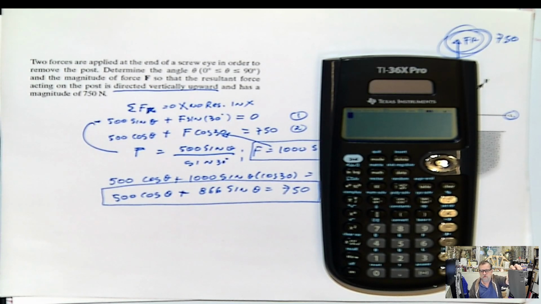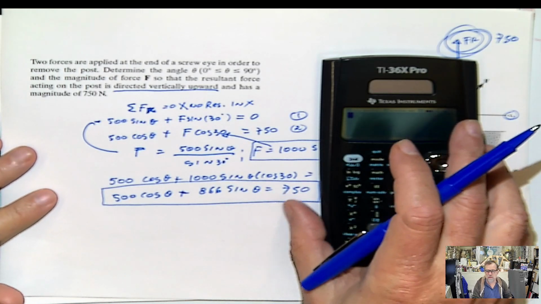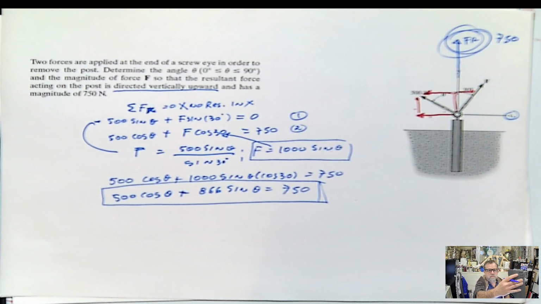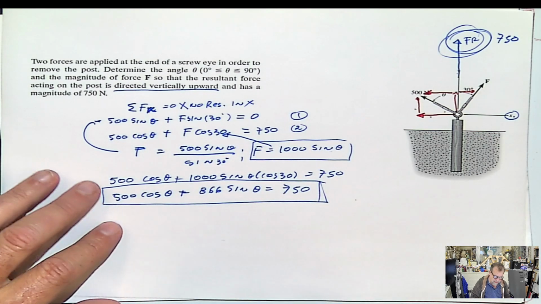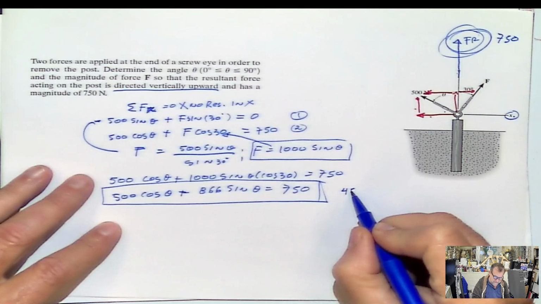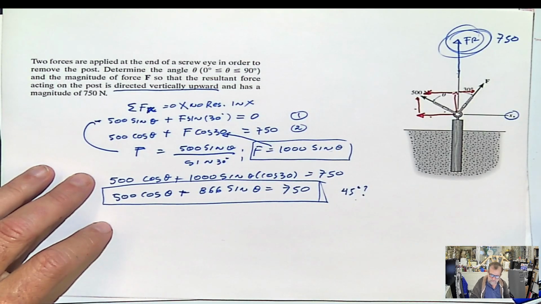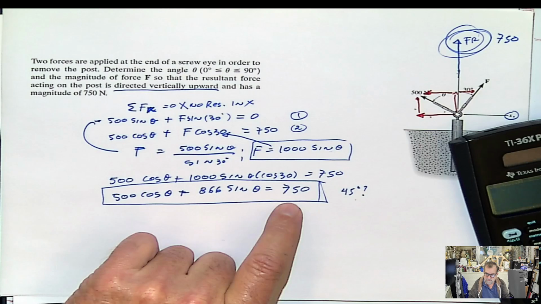This is getting out of focus, so let me try to focus it again. Good. I'm going to guess a value for the angle. What if I say the value is 45 degrees? I should get 750, right?